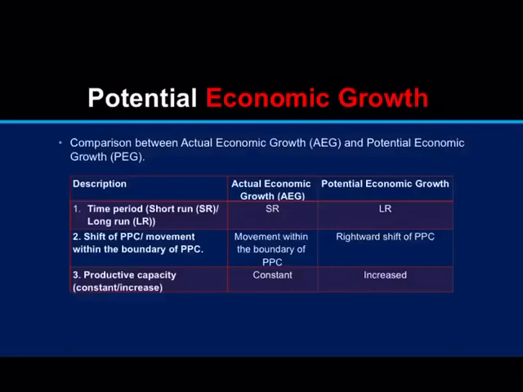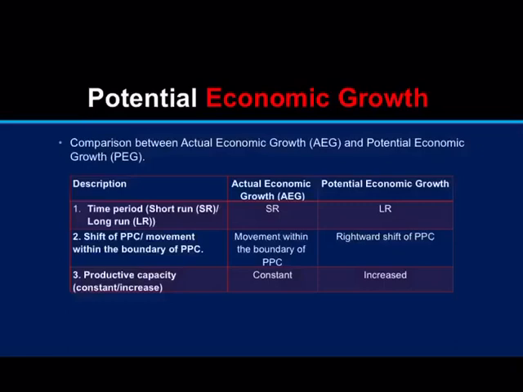By the end of this lesson, you should be able to sketch or draw actual economic growth and potential economic growth. With your sketch or drawing, you should be able to explain the difference between actual and potential economic growth. How to remember and summarize it is very simple. What is the difference between actual versus potential economic growth?